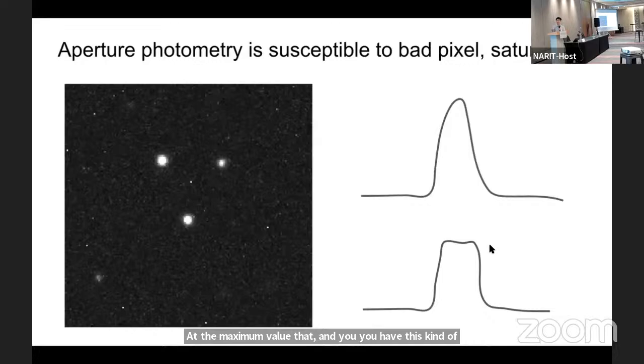So if you do aperture photometry around this, you will by mistake think that there's not as much flux, because the top part is not captured by the CCD. So aperture photometry is susceptible to all these things.